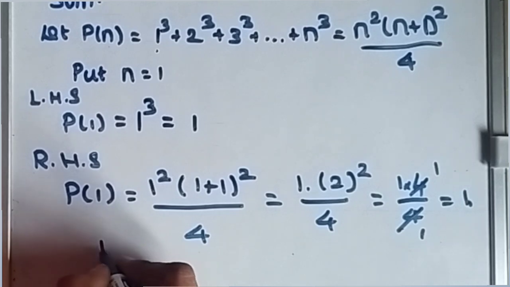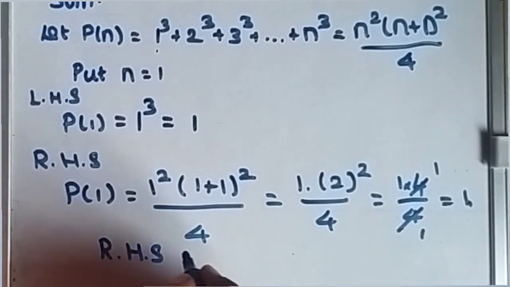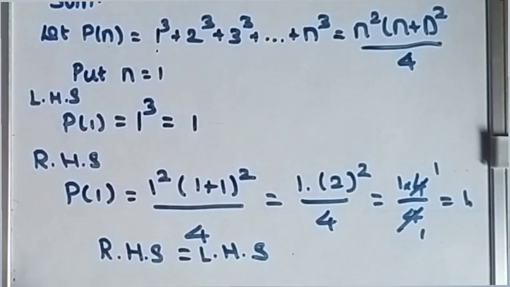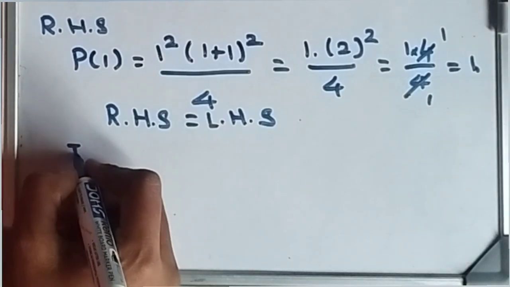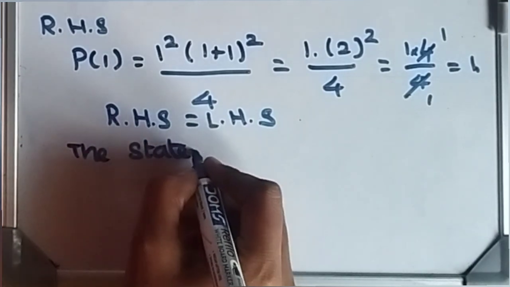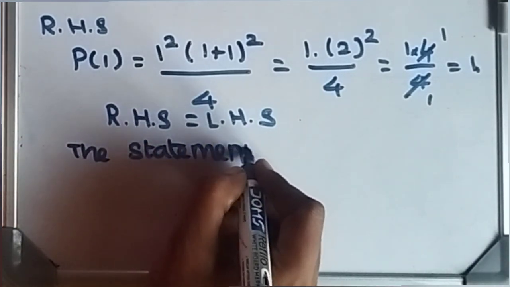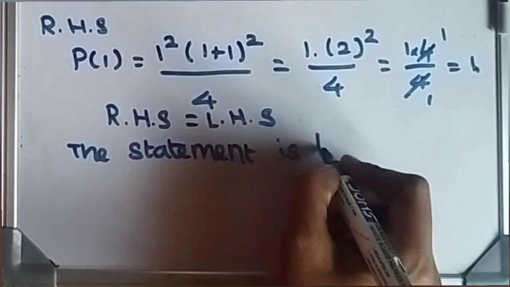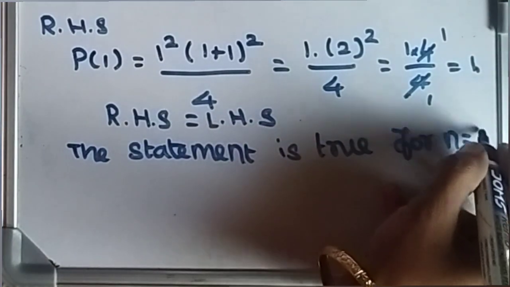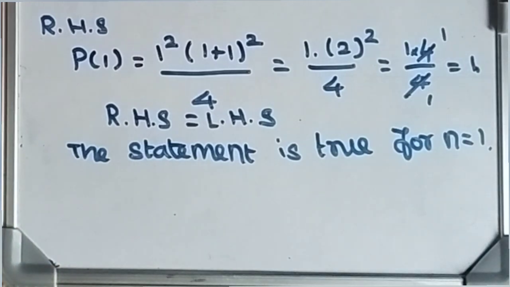Right. So now from both of these we know that the right hand side is equal to the left hand side. So what can we know? We can know that the statement is true for n equals 1. So what is the method of mathematical induction?